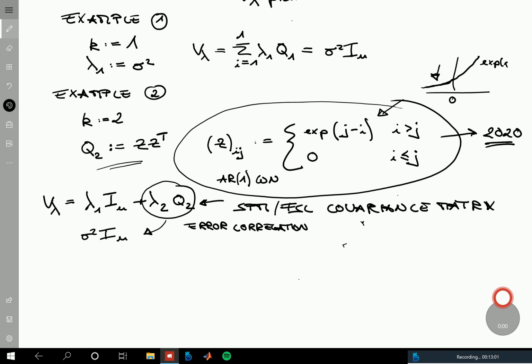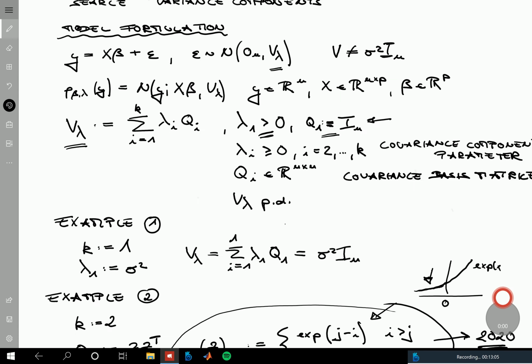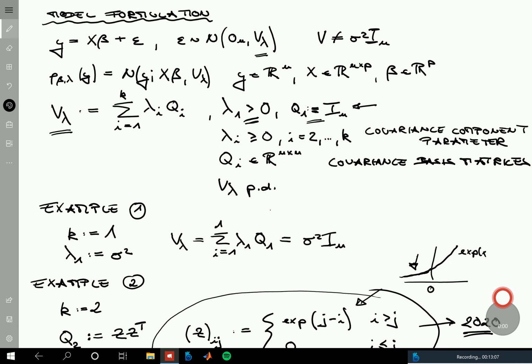But for the moment, the main point is that we are now not interested in GLMs only anymore where we have a spherical covariance matrix, but we are interested in this linear combination of covariance basis matrices with covariance component parameters.